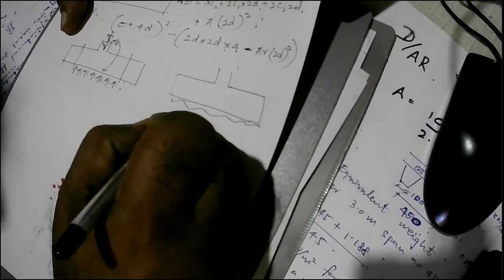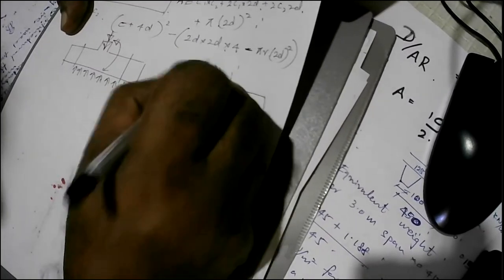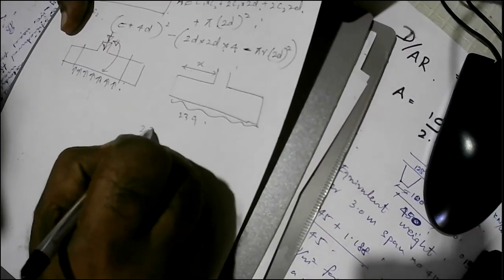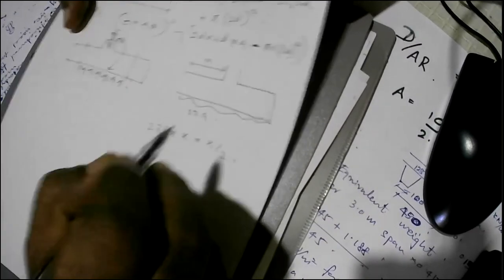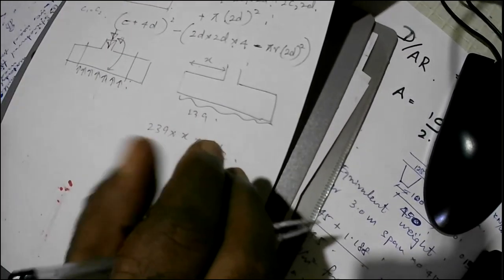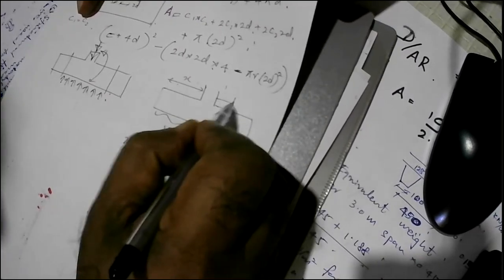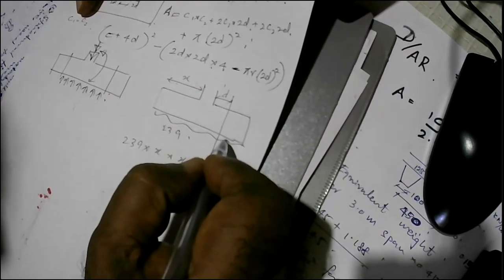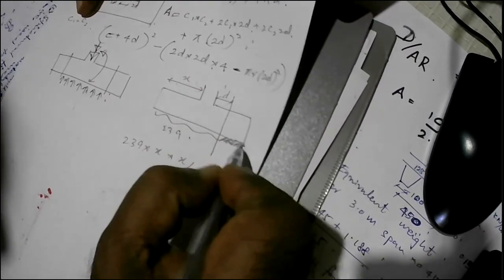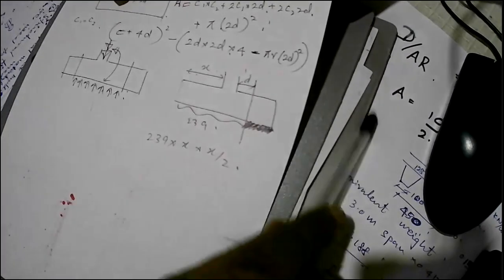This is 239, and this is x. So the bending moment will be 239 multiplied by x by 2. So that is the bending moment, and the shear force, if you are taking the shear force d away, will be whatever the shear force that will act here.